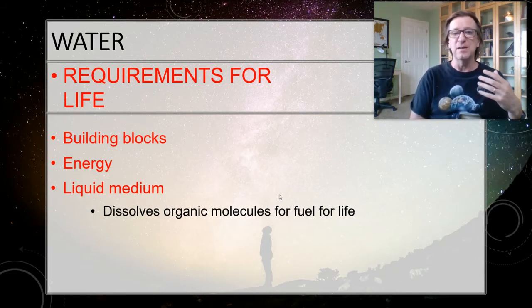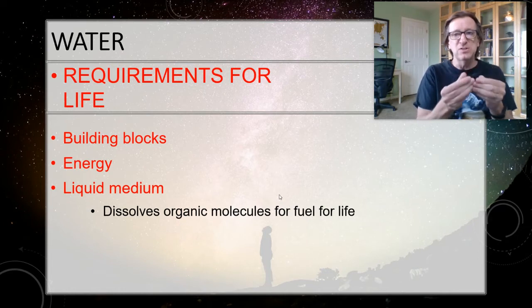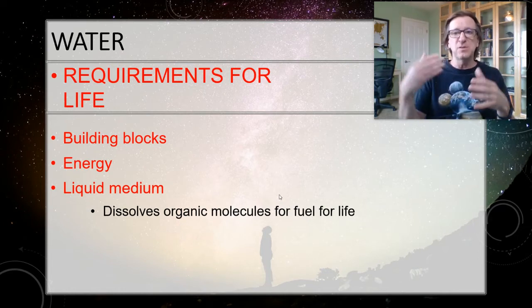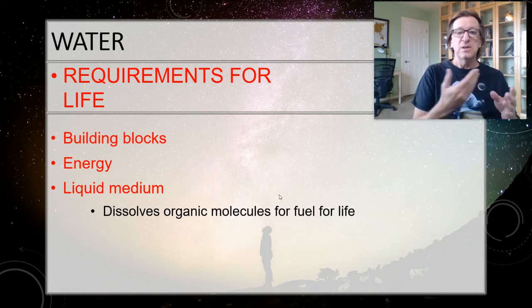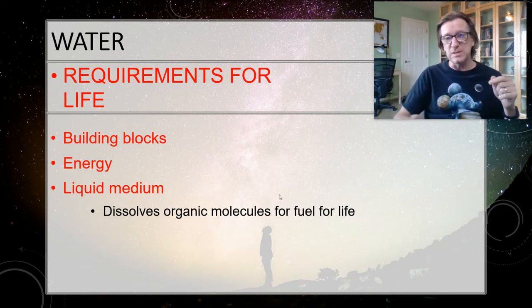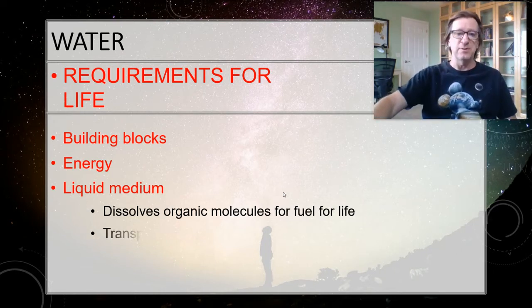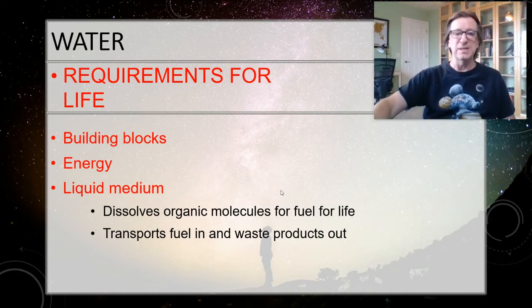So we need some sort of solvent, some sort of dissolver, that's going to take those hard, solid elements and dissolve them in the liquid medium so that it can transfer between the cell walls. So the fuel comes in, the cell processes it and uses that energy, and then it also needs to dissolve and let the waste come out. So we've got to transport that fuel in and transport the waste out.